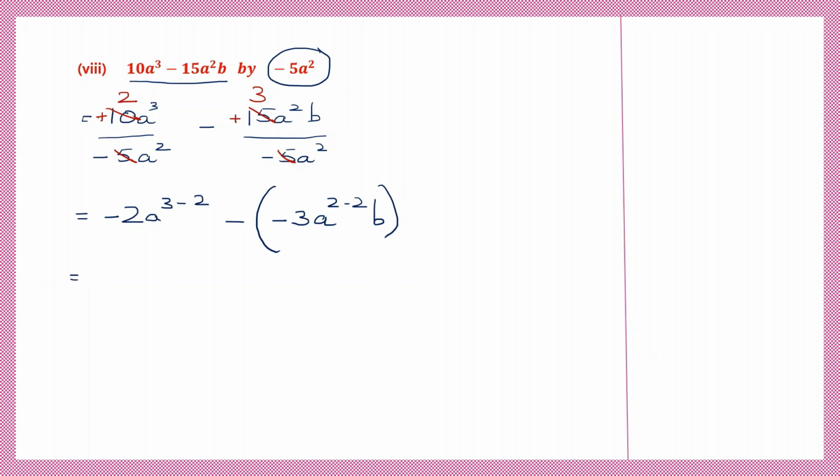Okay, now here we have minus 2a, 3 minus 2 is 1. So that is minus 2a to the power of 1. Then here we have minus, let's work out what's within brackets, minus 3. Now a to the power of 2 minus 2, 2 minus 2 is 0. So it becomes a to the power of 0 and anything to the power of 0 is 1. So it's simply 3 into 1, which is 3.